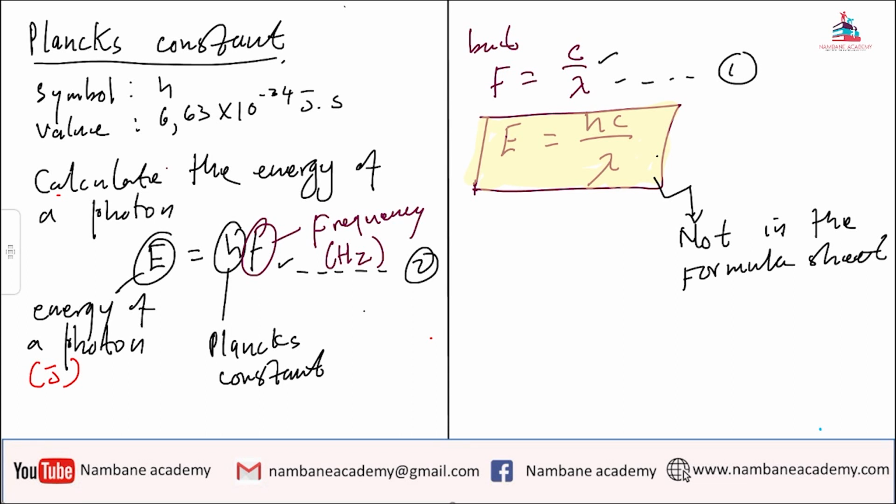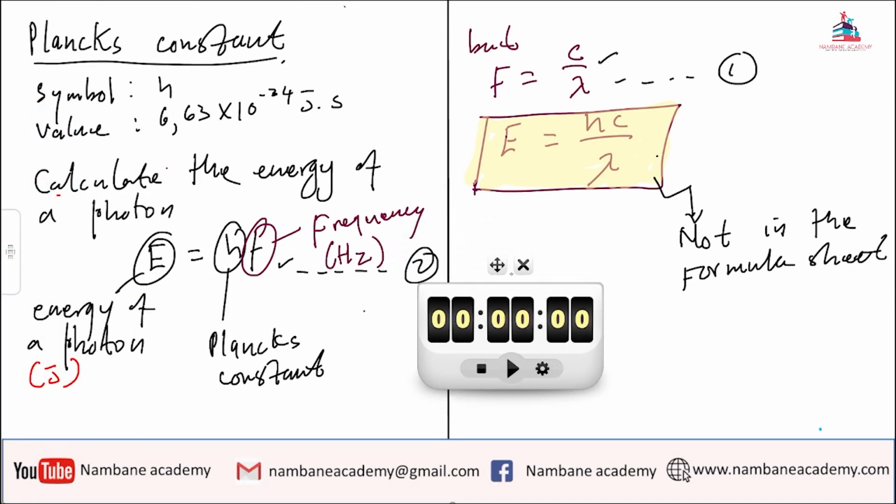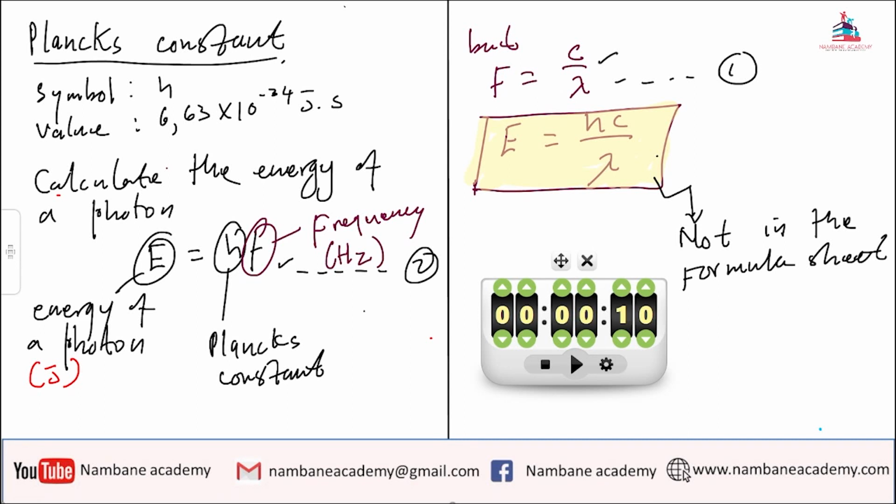A multi-step is using two equations to get to the correct answer. That is very, very important. Then with that being said, ladies and gentlemen, let me give you 50 seconds to digest everything, and we can close today's session with one example on how to use Planck's constant.